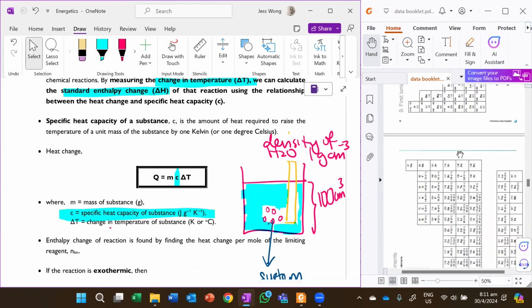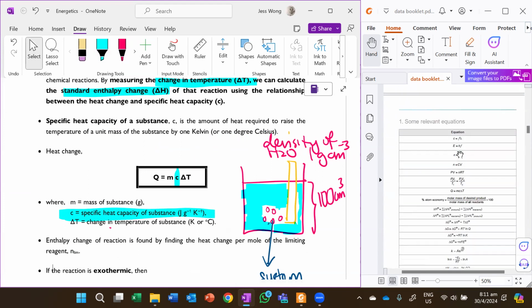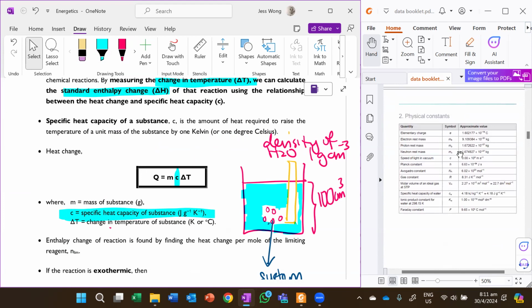If you go to the data booklet, table 2, you will find the specific heat capacity of water here, right? And again, the solution is not water. It's an aqueous acid, an aqueous base, or some aqueous metal ions.